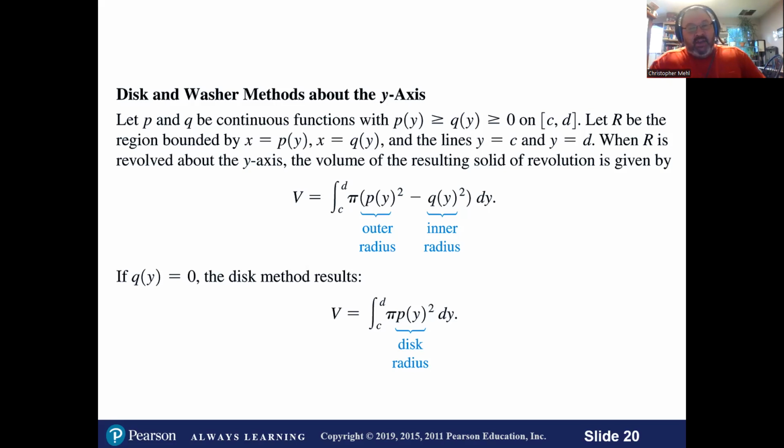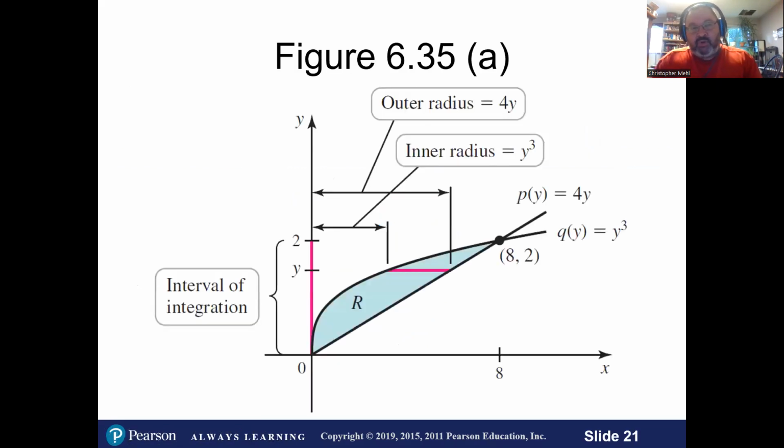The disk and washer methods about the y-axis are basically the same: it's still the max minus the min, the outer minus the inner. But now we're integrating along the y-axis, with respect to y instead of x, but the idea and the approach are the same.